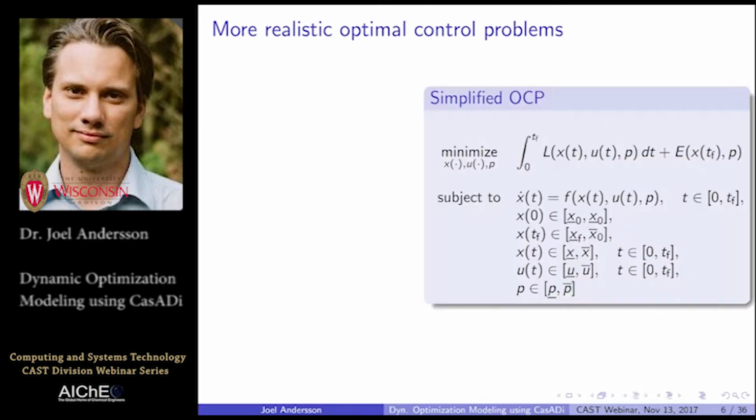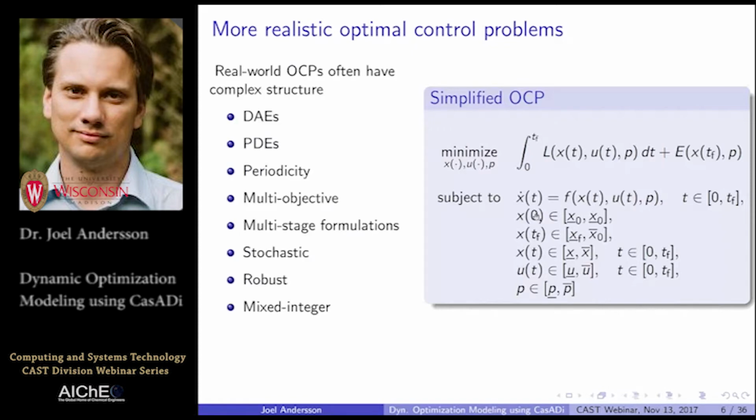All right. Now, I showed you a very simple example of an optimal control problem with just a very simple or very standard explicit ODE. But in real life, problems tend to get much more complex than this. So instead of an ODE here, we can have a differential algebraic equation, a DAE. We might even have a PDE. I've been working a bit with problems with periodicity constraints, where we're looking for periodic solutions.